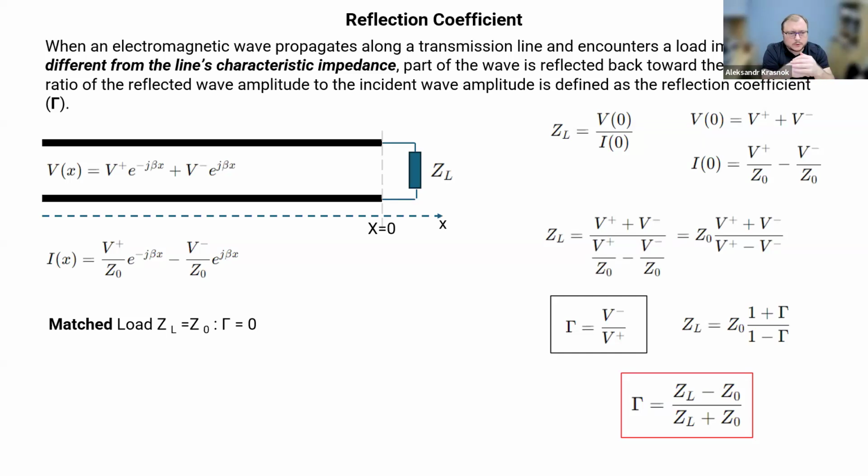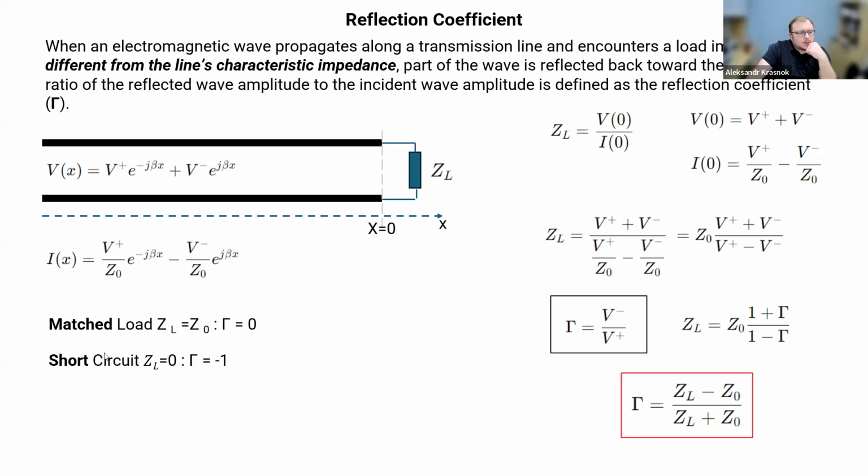If the signal reflects back, it is lost, or in the case when this reflection is strong, it can even break our generator and so on. So this matched load is an important case.